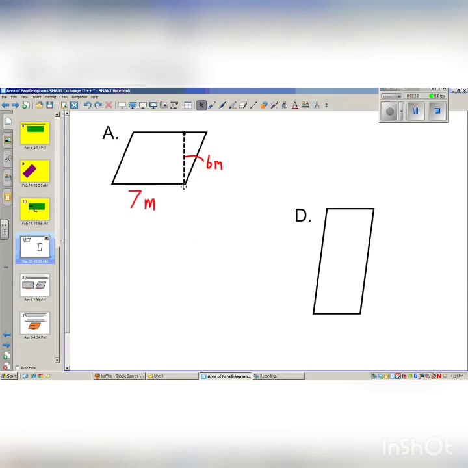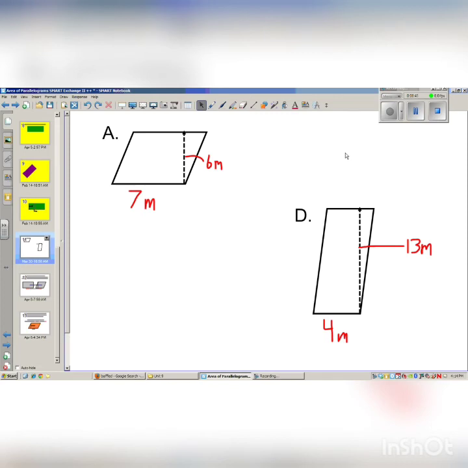We're going to get to calculating the area in just a second. The height line on this parallelogram is here. It's from the base all the way to the opposite side. That's the distance. And we're going to call this one 13 meters. And we're going to have the base here be 4 meters.